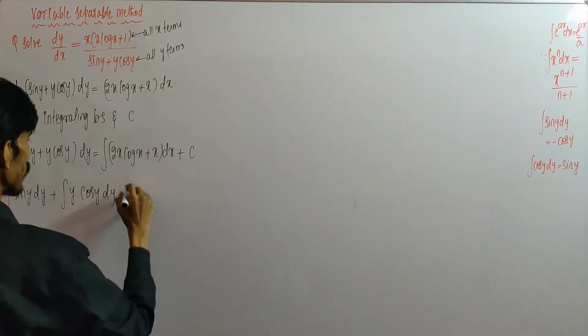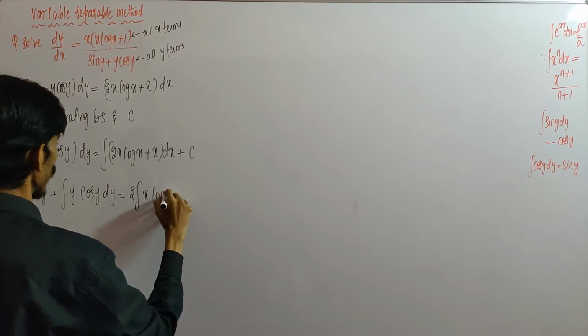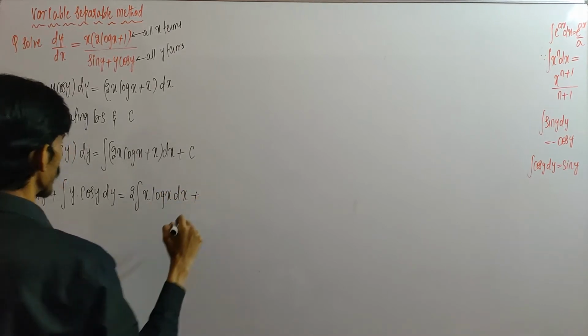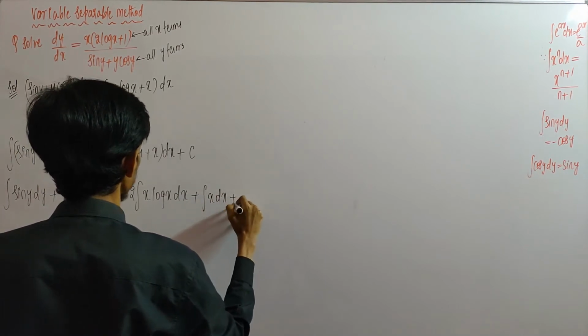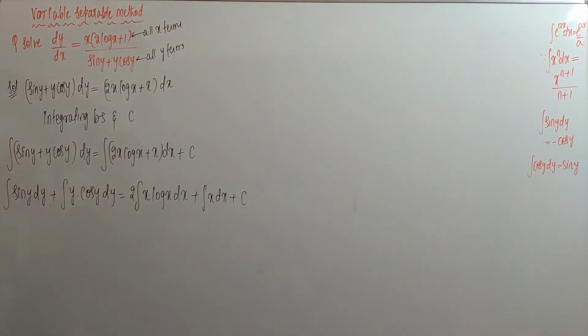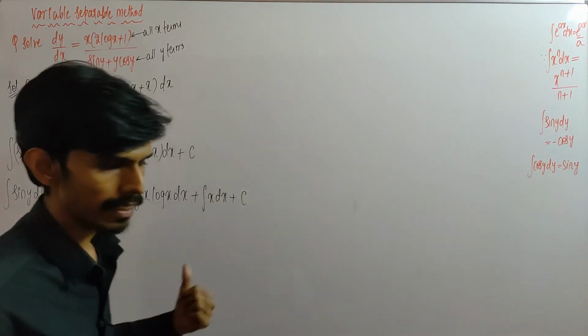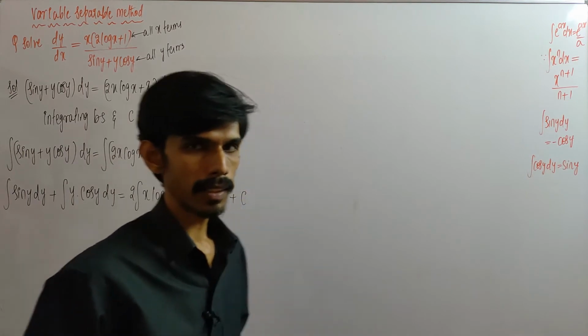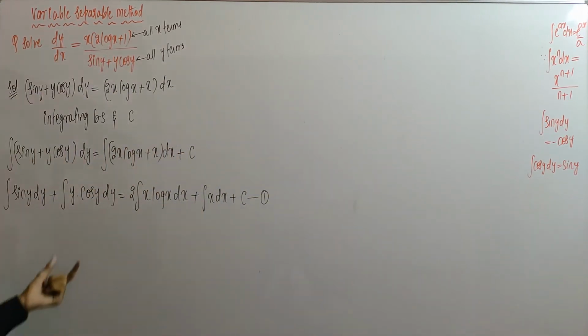Similarly, integration of the first term, taking 2 outside, we have 2 into integration of x log x dx plus integration of the second term, integration of x dx, plus c. Now here we have a product of two functions. So let us solve the integrations separately. Take it as equation 1.